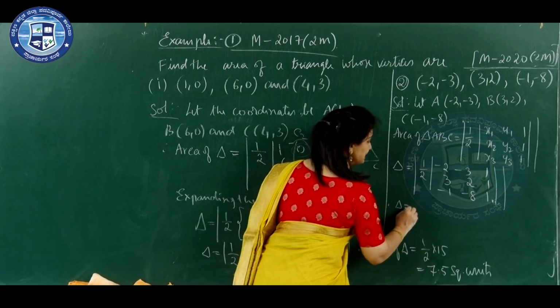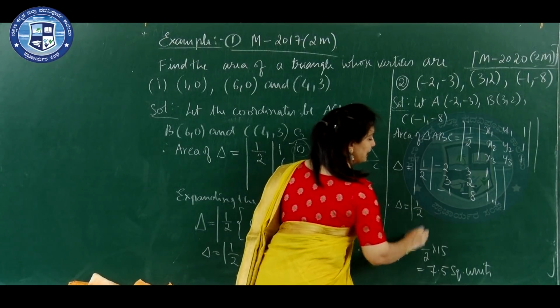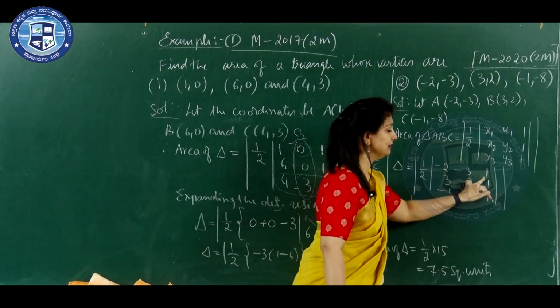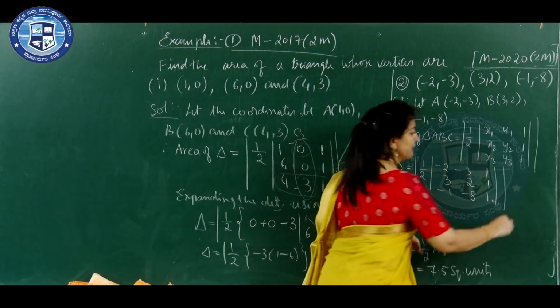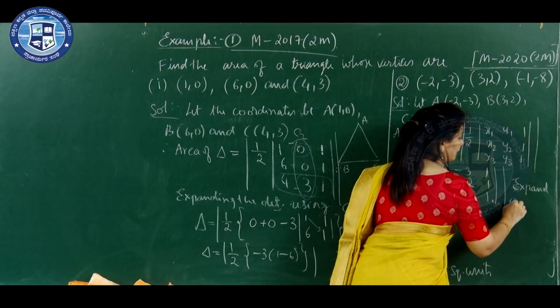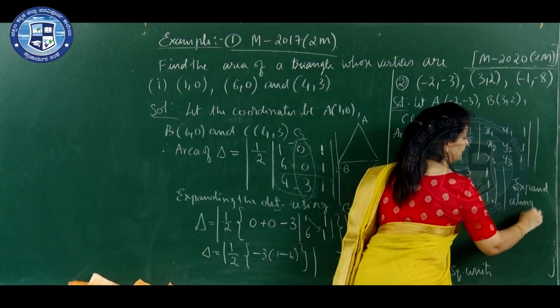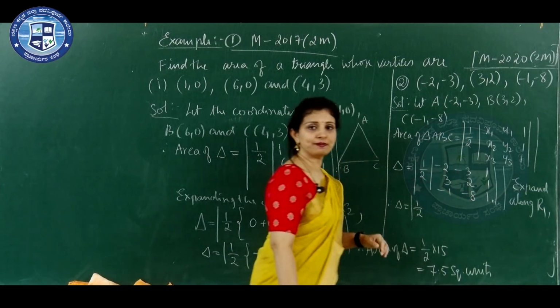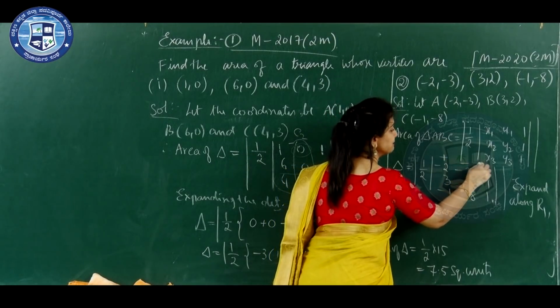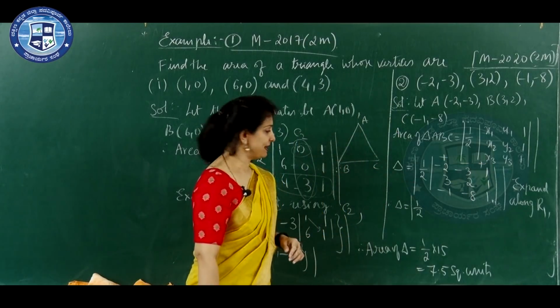Therefore, delta equals half into, now we can expand along any row or any column. Let us expand along the first row. Expanding along the first row, the position signs are plus, minus, plus.